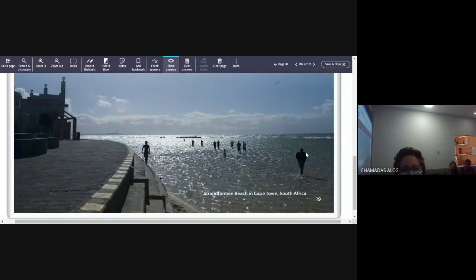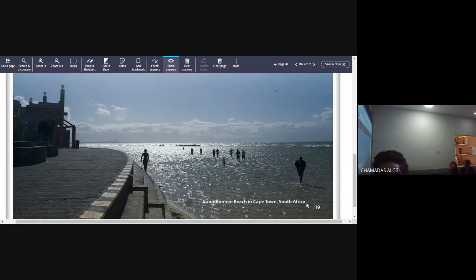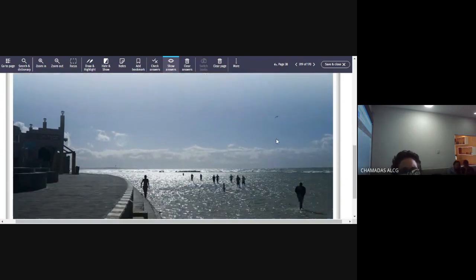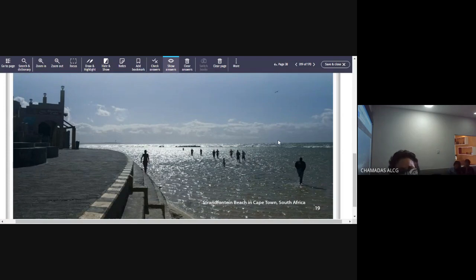Okay, guys. And look at this beautiful picture. What place is this? Yes, this is South Africa, Cape Town. What a beautiful picture, isn't it? So it shows here that most of the times when we travel, we have déjà vu, because the more we travel, the more we get to know places, the more we find places familiar, because we have the idea that, oh, I know this place, I've been here.